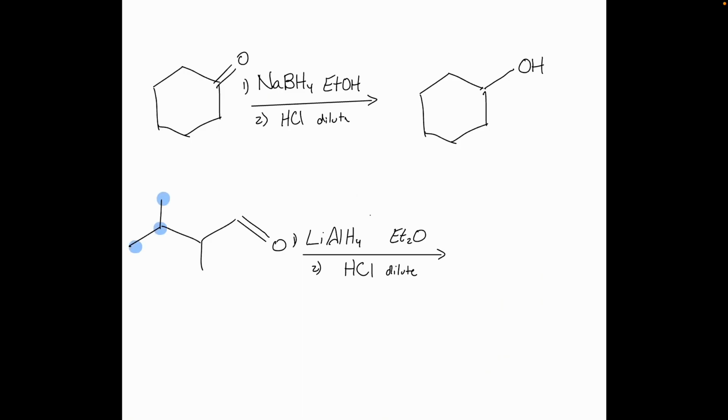All right, and then here is kind of a big ugly branched molecule, but I'm just going to draw the same carbon backbone structure here. 1, 2, 3. But again, I'm going to turn that carbonyl group into an alcohol.